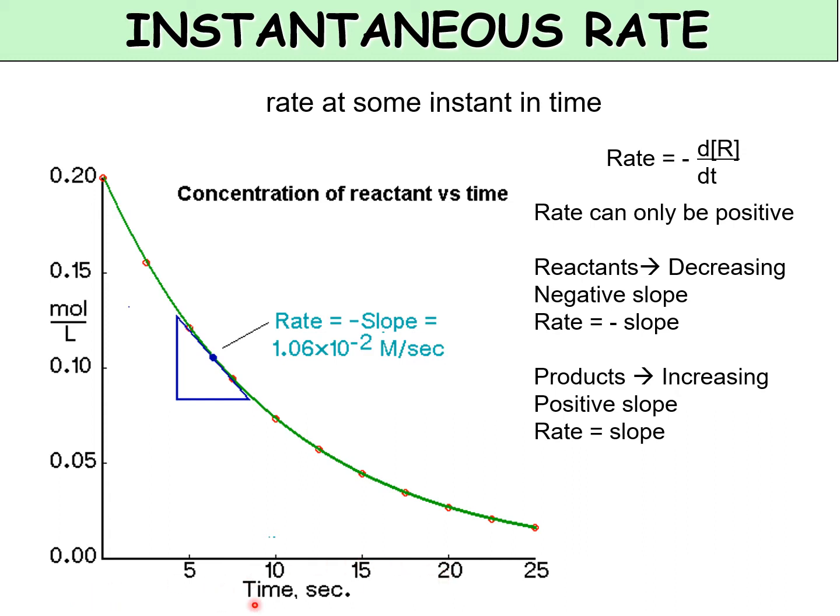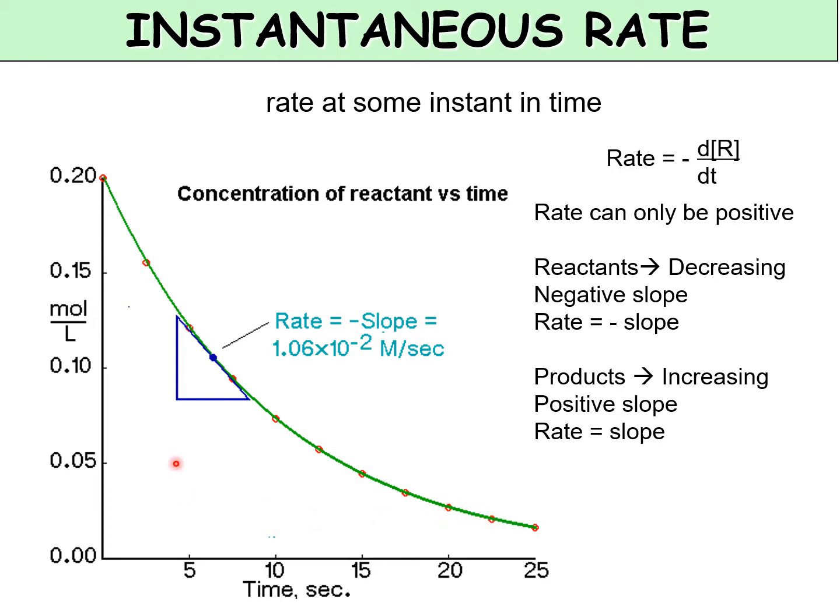On the x-axis we have the time. You may notice that the relationship is not linear, it's a curve. That means that there is a change in the slope. The slope is maximum at the beginning, and then it gets smaller and smaller, so the reaction gets slower as we proceed.